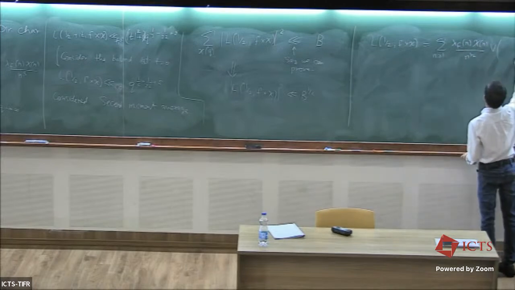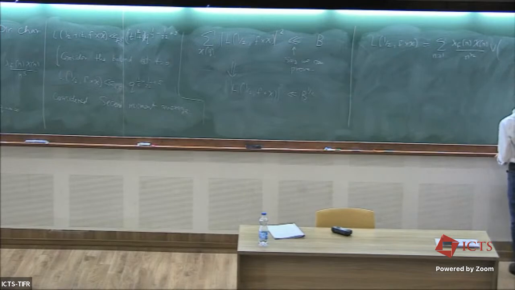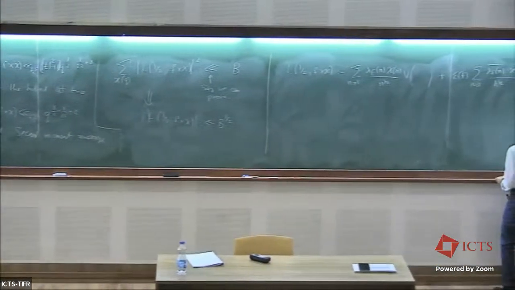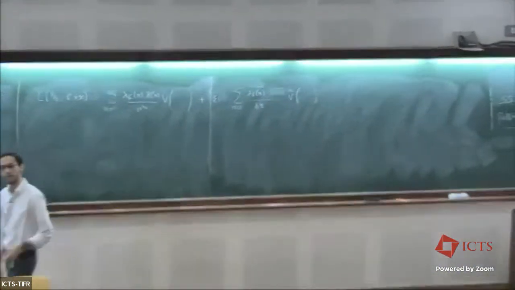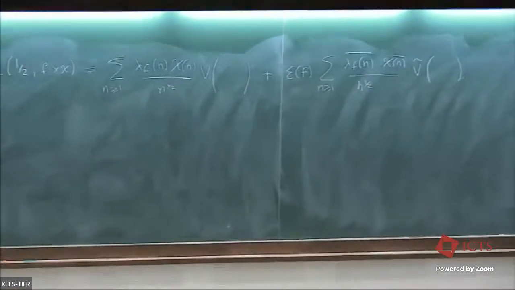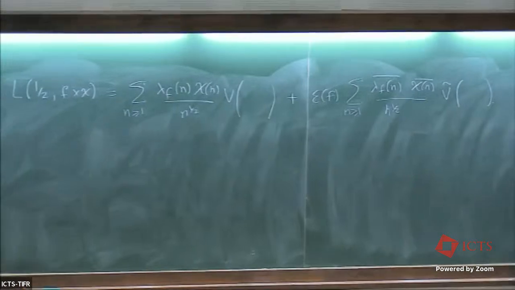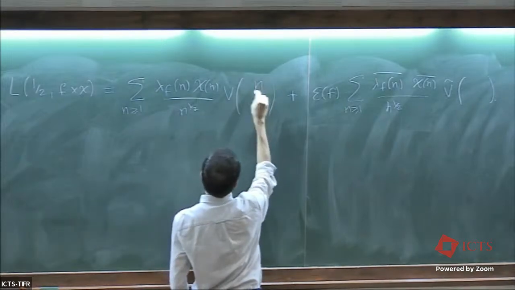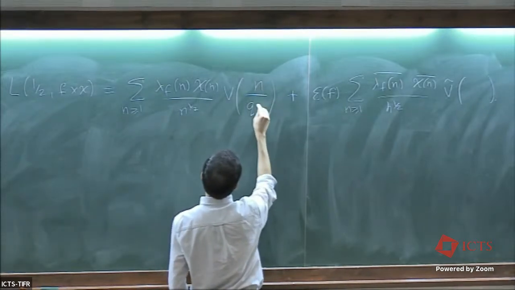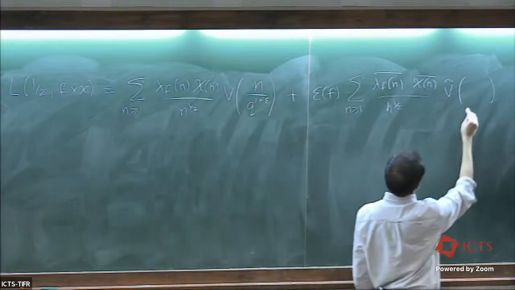And then there is going to be a certain function plus there is going to be a root number. In this case, it's not dependent on chi, actually. And this function V is basically going to capture what the size of this n is. So how far do you have to sum up these n in order to capture this central value? And it's sufficient to sum it up to Q to the 1 plus epsilon.